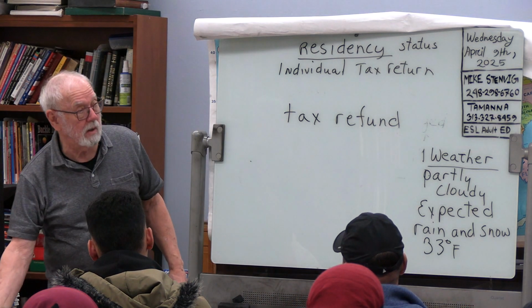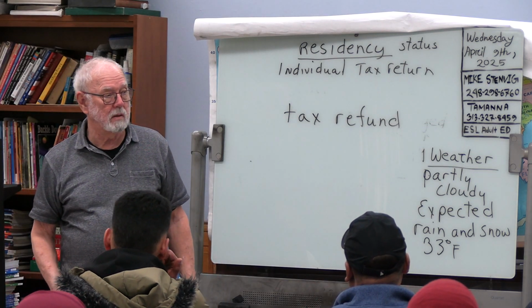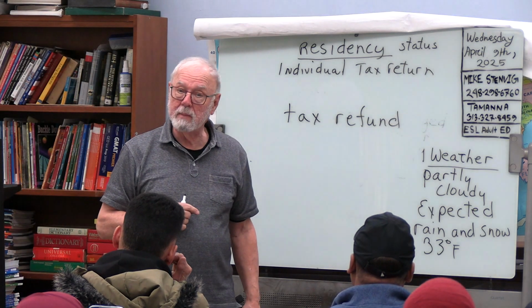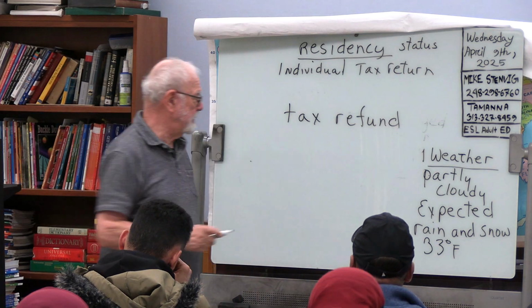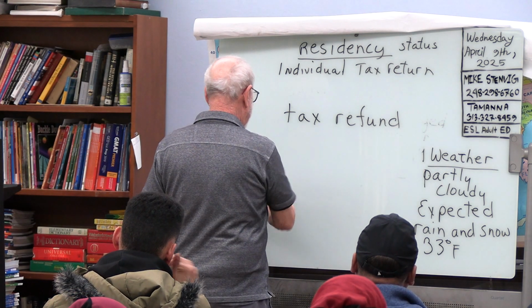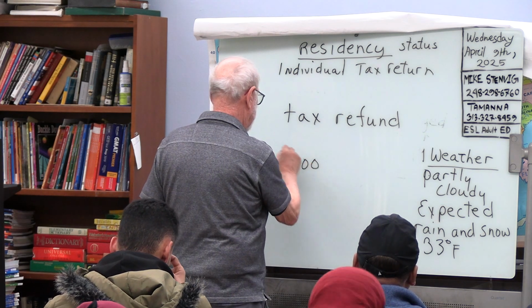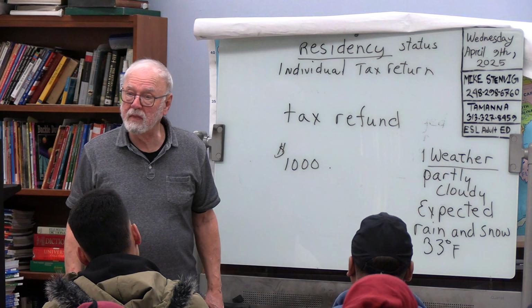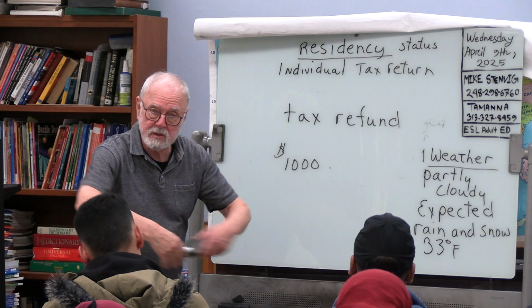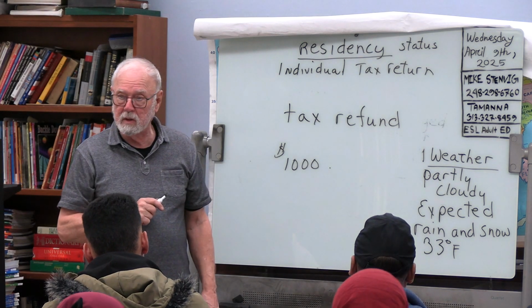This is the return. It's a piece of paper. What is a refund? Money coming back. So say you pay $1,000 in taxes to the state of Michigan, week after week, for the whole year.